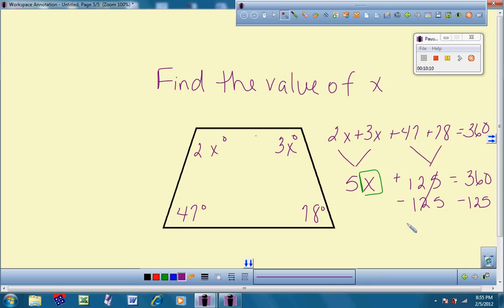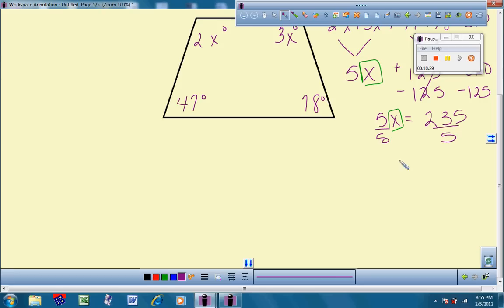They cancel on the left, leaving you with 5x is equal to 235. Still solving for x, we need to isolate the variable, so we are now going to divide out the 5, and we find that x is equal to 47. Now remember, we're just finding the value of x, not each degree.